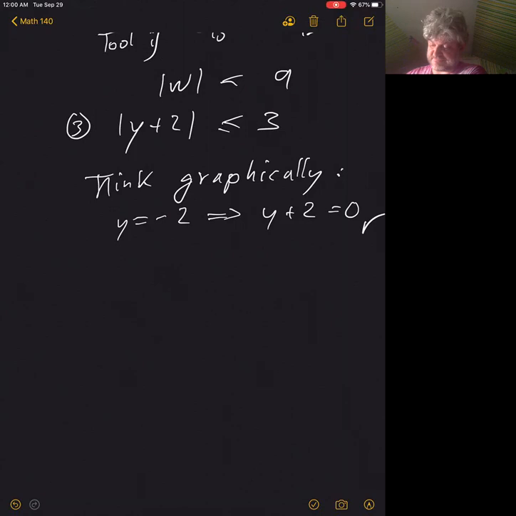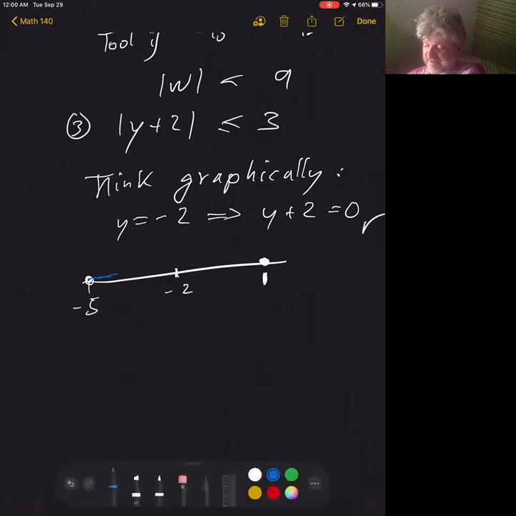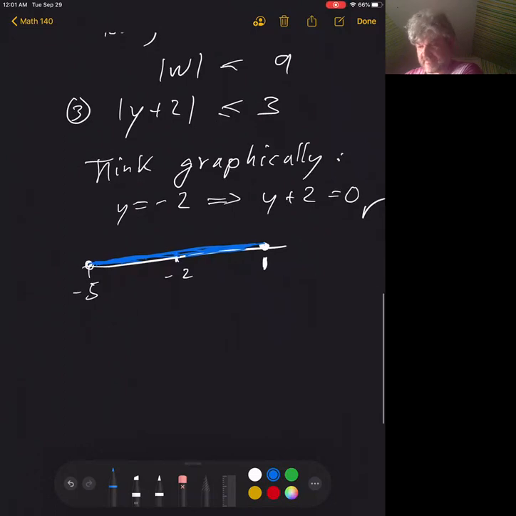So on the number line, I've got my -2, 3 units to the right, I get to 1. 3 units to the left, I get to -5. Endpoints are included because of the less or equal sign. And that's my answer, the entire interval between -5 and 1. Written as an interval, it's the closed interval from -5 to 1.